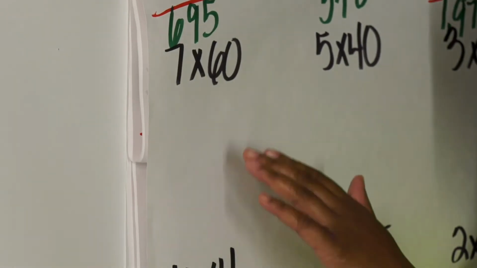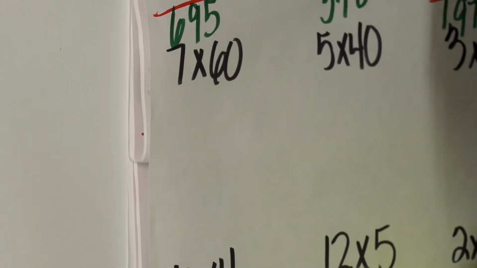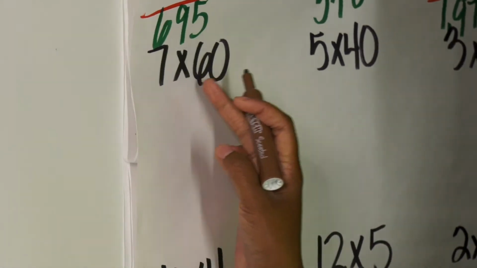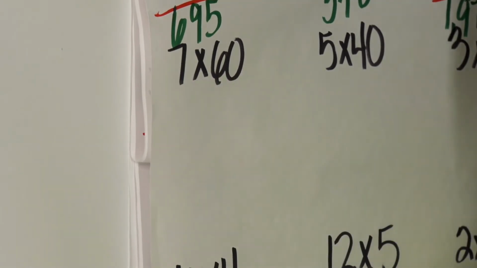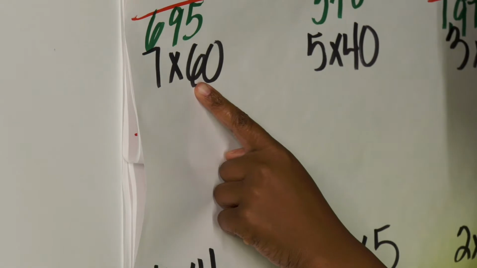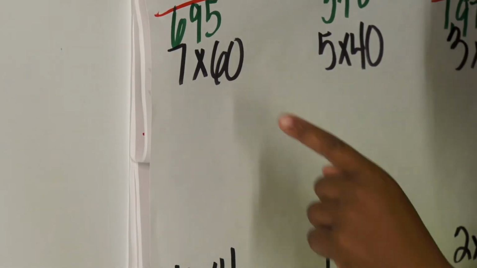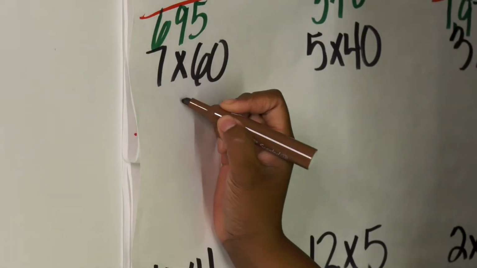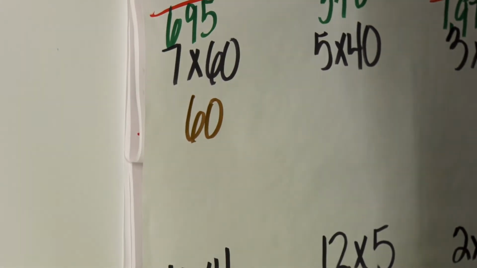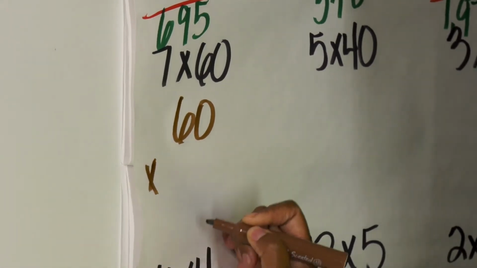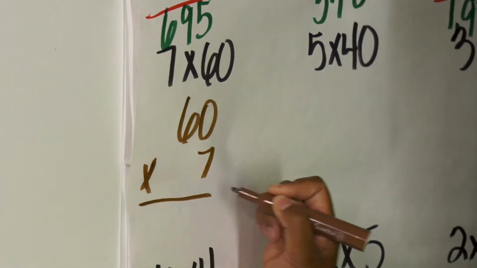The number that has the least digits goes to the bottom. So we have 7 times 60. 7 has 1 digit and 60 has 2 digits. So 60 would go to the top. Okay, multiplied by 7 goes in your ones place.